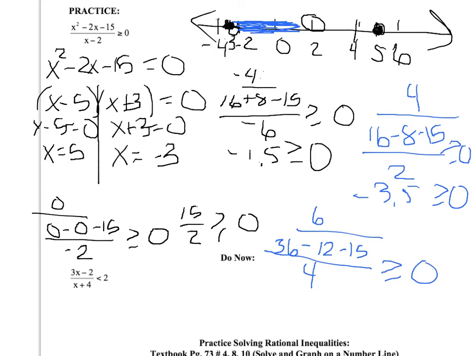Plugging in, 36 minus 12 minus 15 divided by 4 is 2.25. Has to be greater than or equal to 0, which is true. Since it's true, I'm going to shade numbers bigger than 5. And that's going to be my final answer there.